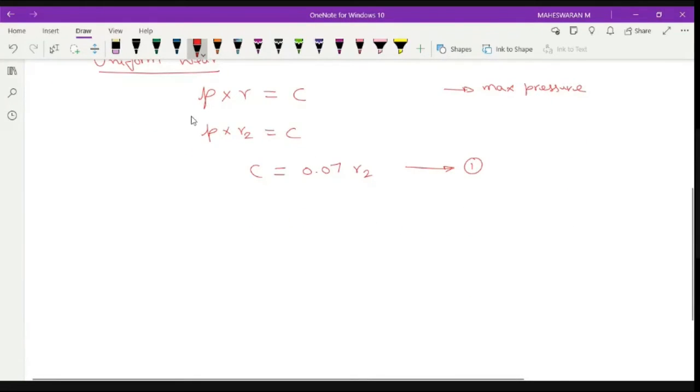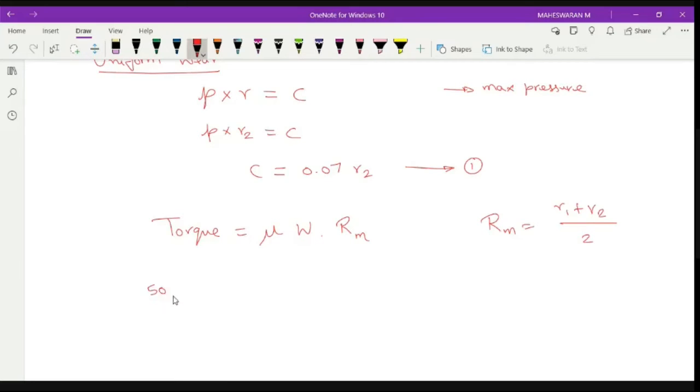Now let us identify the formula for torque. Torque is equal to mu into W into Rm, where Rm is equal to R1 plus R2 divided by 2. So this is my equation, right? Torque is 500 Newton meter.